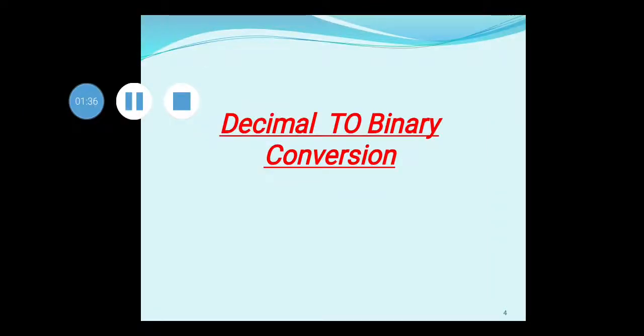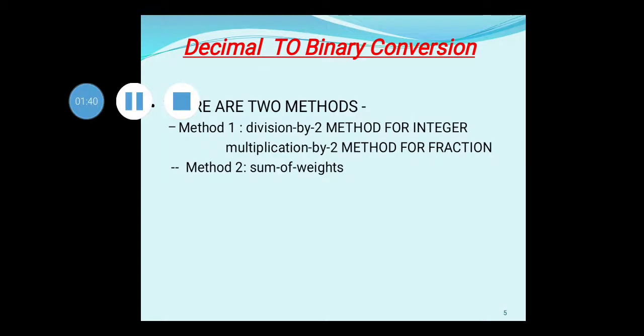So now first we'll start with a decimal to binary conversion. If you want to convert a decimal to binary, there are certain methods. There are two methods actually. The first method depends on whether the given decimal number is an integer or a fraction.